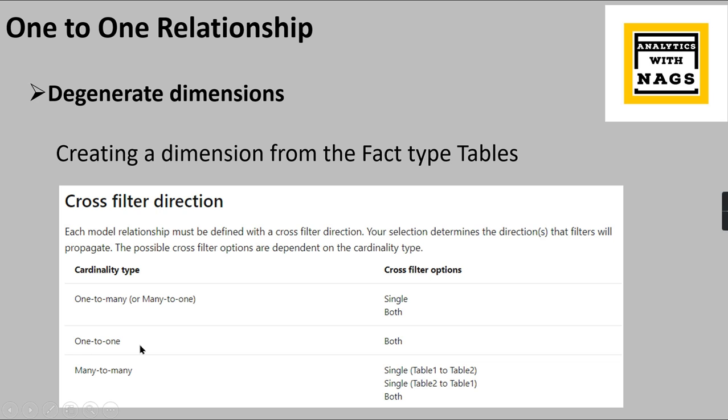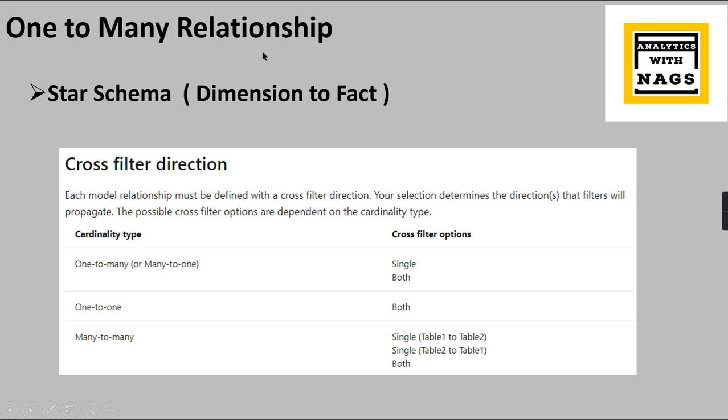In a one-to-one relationship, the cross filter direction cannot be switched to single, it will be both. I will tell you about this as well, what a cross filter option is. Basically your fact table becomes one of the dimensions; it is called a one-to-one relationship.